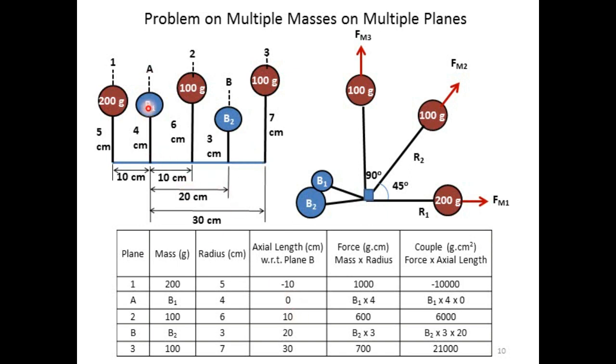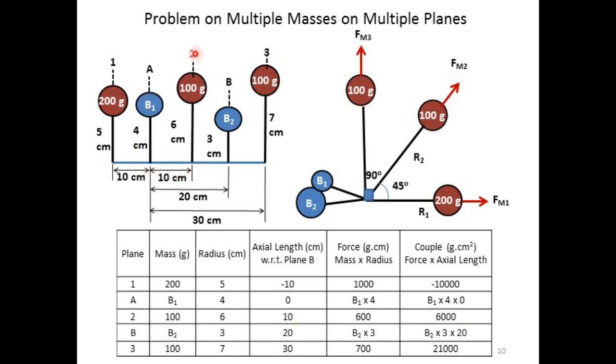Because we are taking the moment around plane A, we count this axial distance as 0, because there will be no moment, and by this we are getting rid of the balancing mass B1, not physically but in calculation.